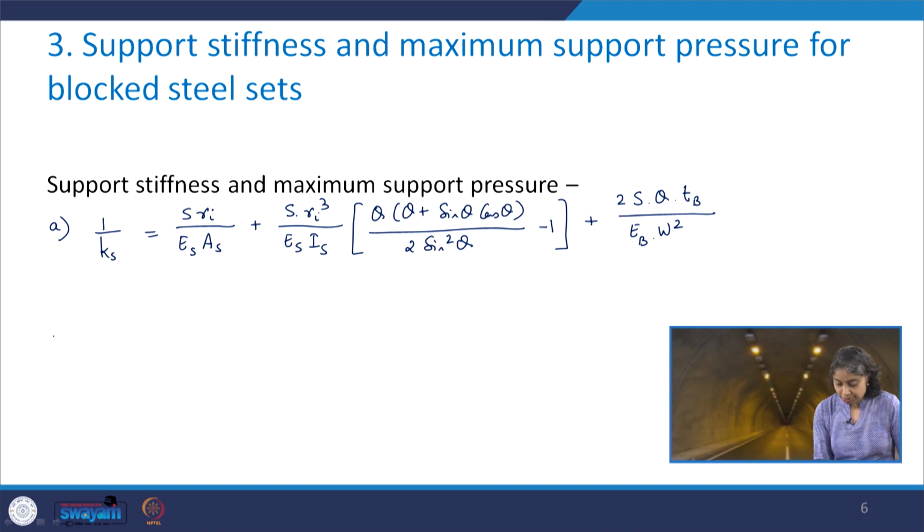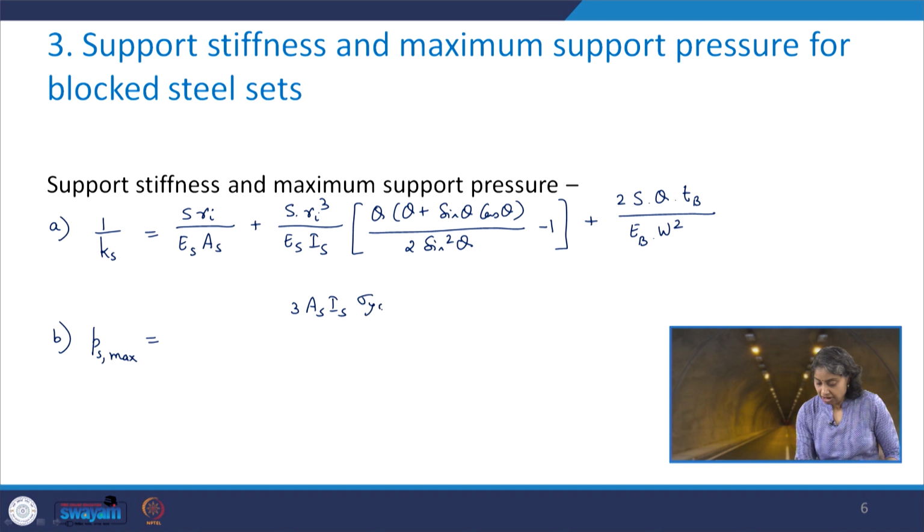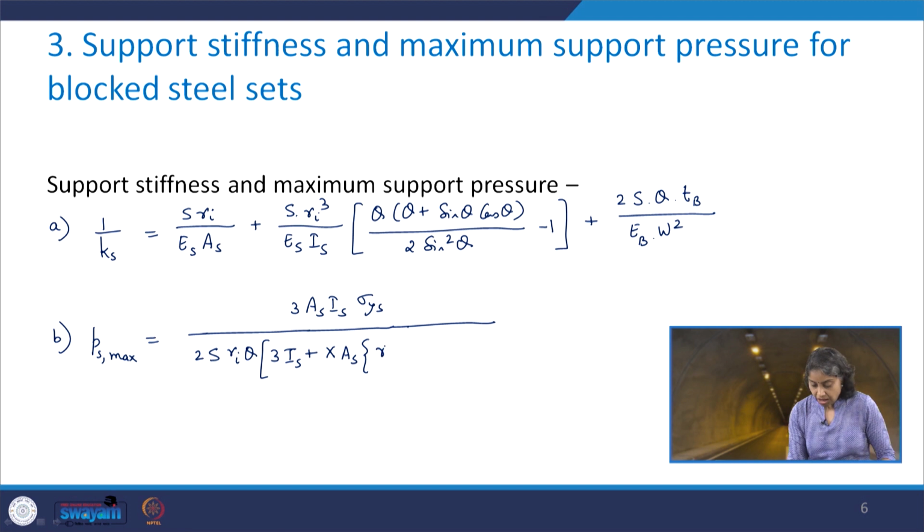How about the maximum support pressure? That is going to be PS max equal to 3 AS IS into sigma YS divided by 2 into S into RI theta in bracket 3 IS plus X times AS into RI minus TB plus half of X, this bracket closed, multiplied by 1 minus cos theta.